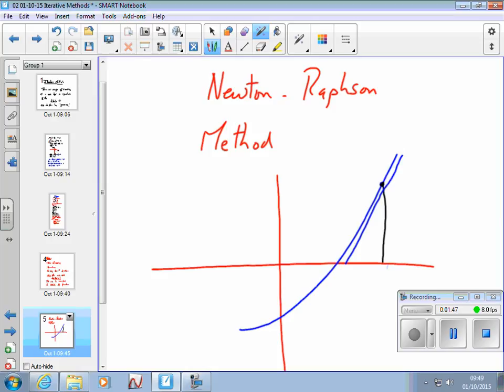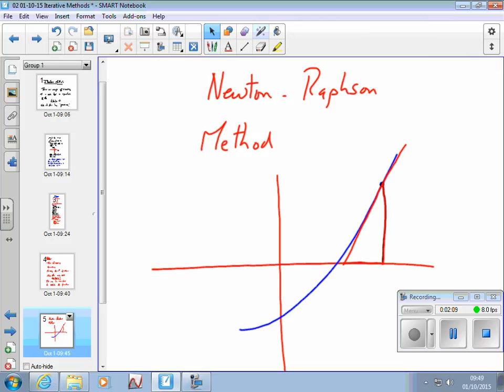So let's have a look at this for a sec. If I were to draw on here the gradient line, and then complete this triangle coming down here like this. It's got a little triangle.